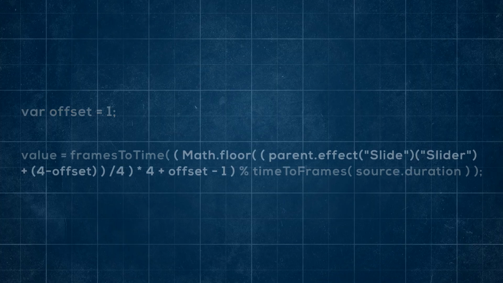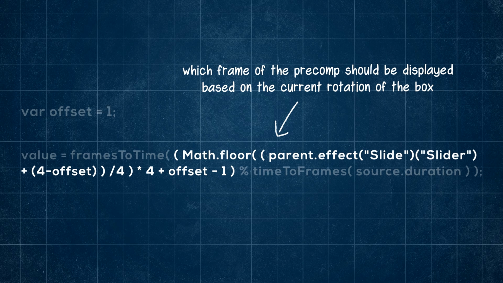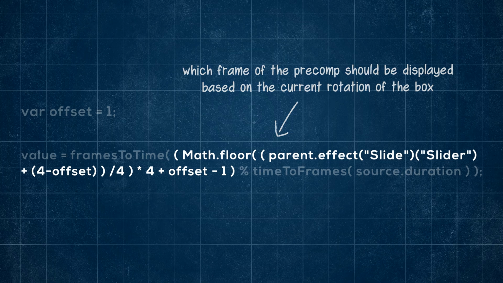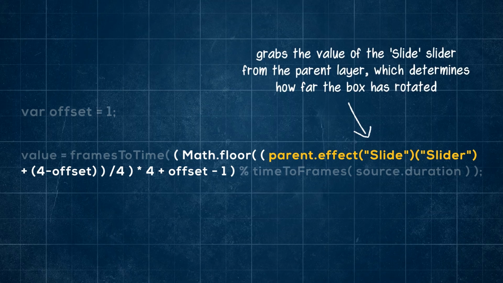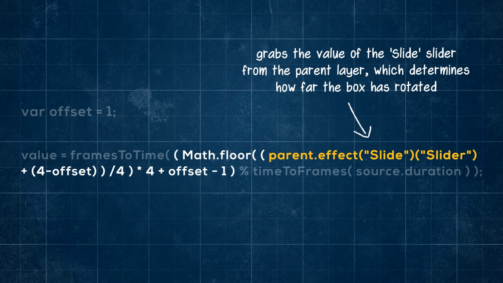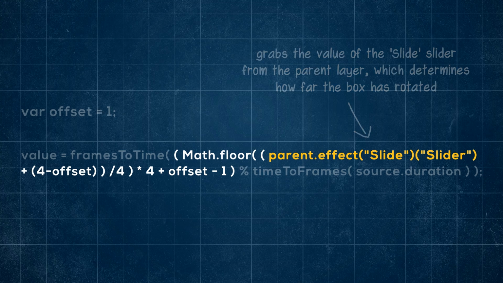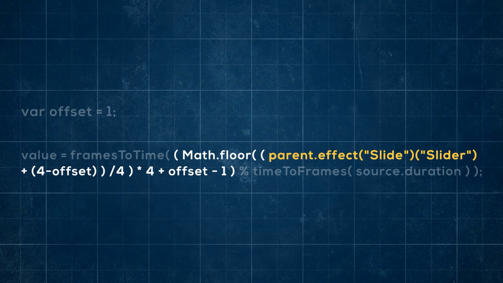Now let's look at this particular line. This part of the expression calculates which frame of the pre-comp should be displayed based on the current rotation of the box. Let's break it down. This part grabs the value of the slide slider from the parent layer, which determines how far the box has rotated. Remember, that part is also assigned to control the rotation of the entire box.